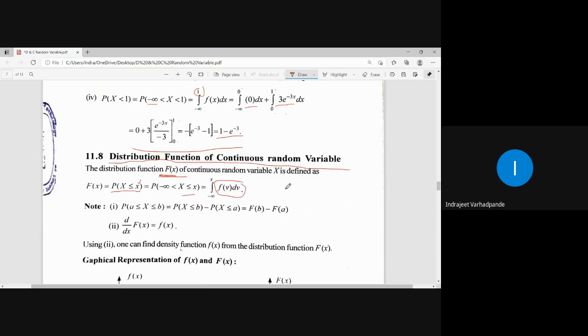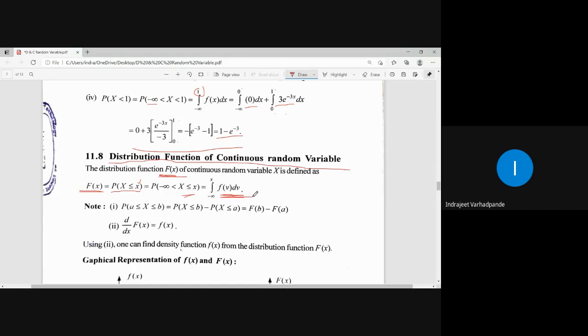How is it expressed as an integral? In what form will its answer always be? It will be in the form of x. So the distribution function capital F of x of a continuous random variable will always be written in the form of x. So it is the probability that the random variable is less than or equal to x, means the integral to be taken between minus infinity to x of f of v dv.